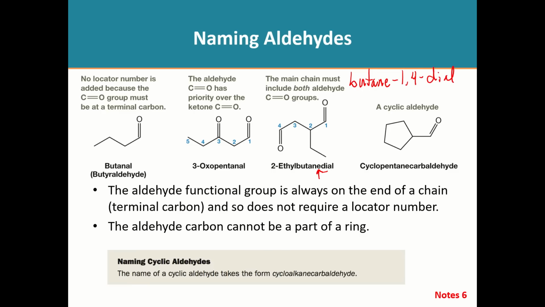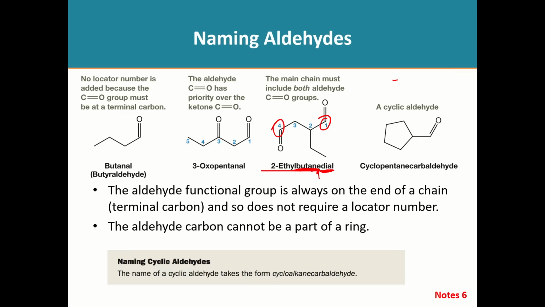We're not doing that because it's redundant. The butane tells me that there's 4 carbons, and it's telling me I have 2 aldehydes, and aldehydes have to be on the ends of the molecule anyway. So we already know that the aldehydes are going to be on carbon 1 and carbon 4 because that's how aldehydes work.